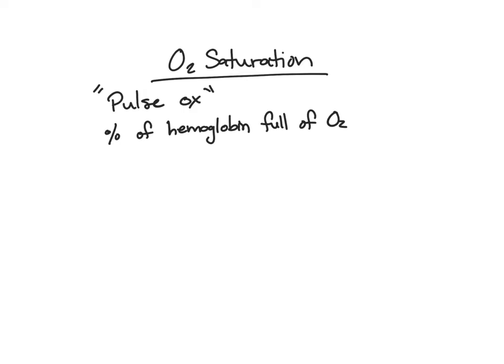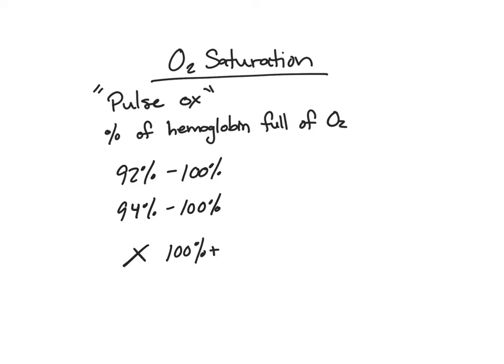That's why we use this rather than the partial pressure of oxygen as a routine part of vital signs for patients. The normal values here, for adults, we usually like 92 to 100%. Again, kids, we usually see a little higher, 93, maybe even 94 to 100%. Now, because it is a percentage saturation, you can never go higher than 100. It's not going to happen.